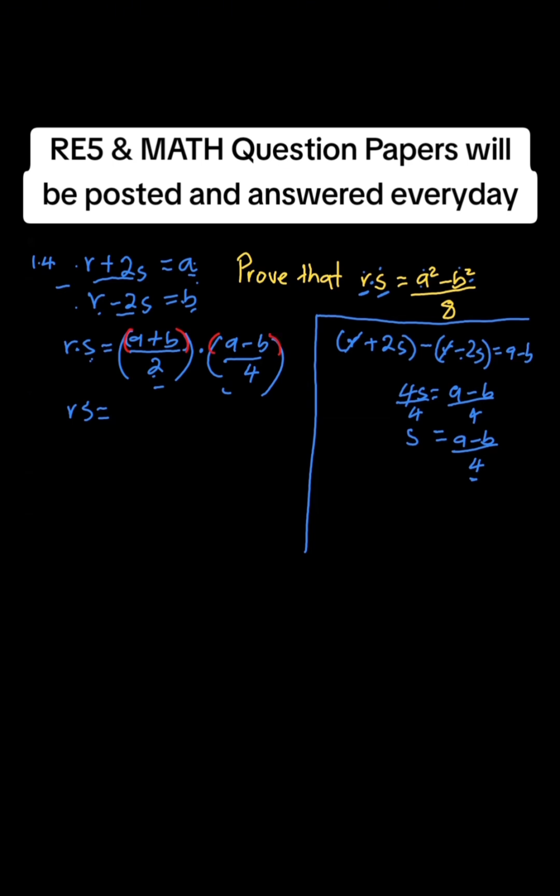So when they multiply, because it's a difference of squares, you get A squared minus B squared, all divided by 2 times 4, which is 8. So now we're able to show that R times S is equal to A squared minus B squared over 8. We're able to prove this now. Okay, thank you.